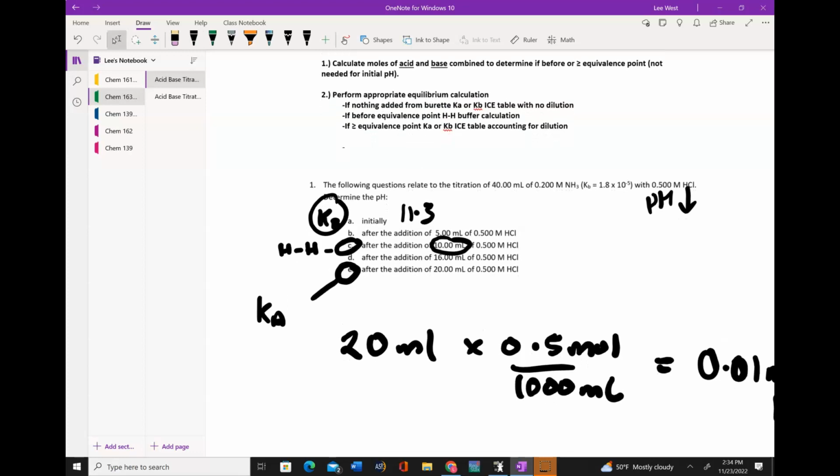Once we started adding acid from the burette, we always calculated the moles of acid and the moles of base that we were combining to figure out how much of each component we had after that combination. Where we found that we were before the equivalence point, we did a Henderson-Hasselbalch calculation, and when we were either at or after the equivalence point, we did a more complicated calculation, which was a Ka calculation, but we had to account for the dilution.